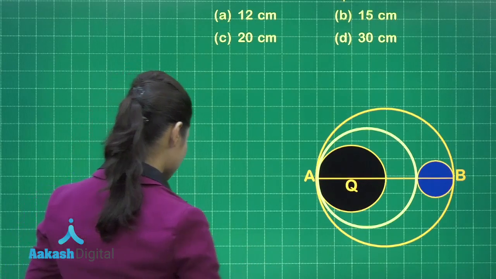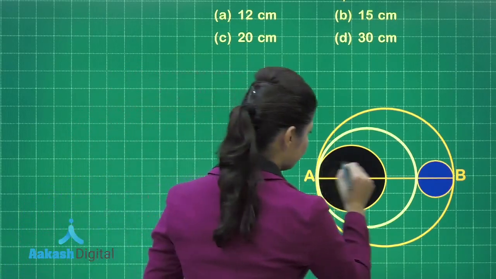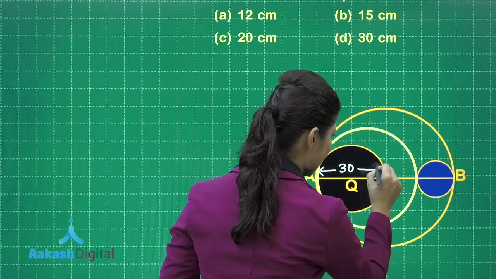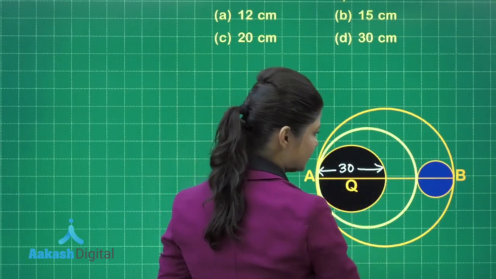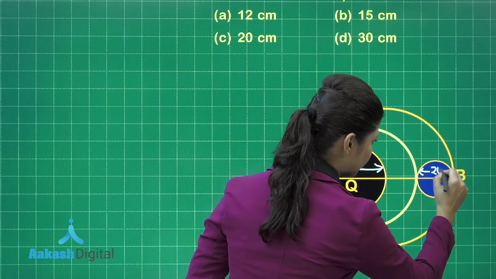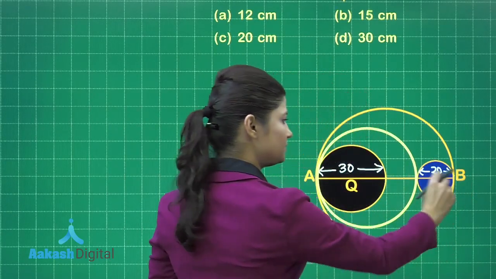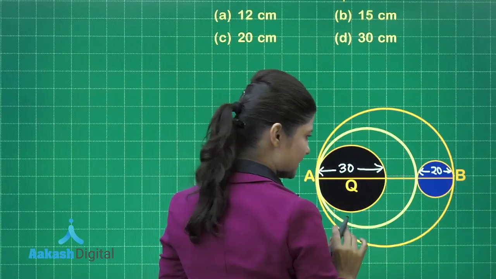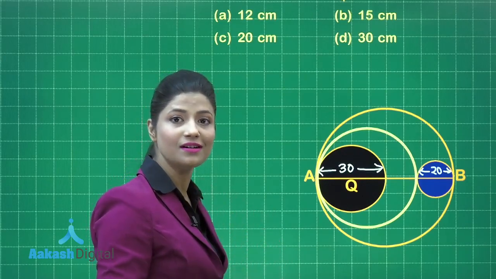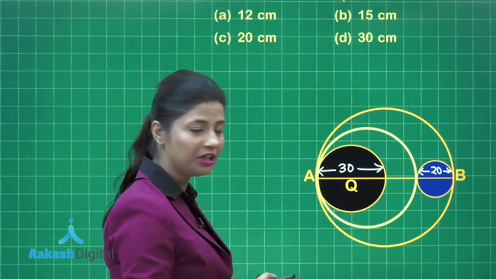And when you see this, the diameter of this circle will be equal to 30 because this circle has the radius of 15 cm. Here this portion is equal to 20 because I have this circle of the radius 10 cm, and AB is measuring 60 cm because the circle C1 has the radius 30 cm.